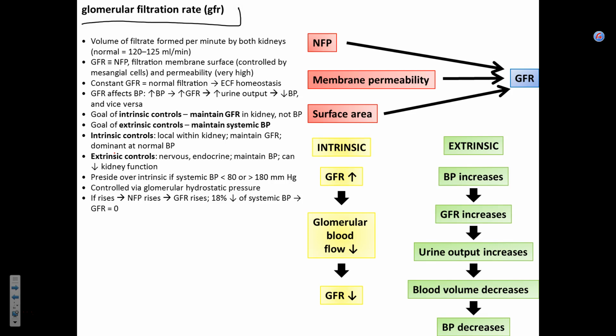GFR is the volume of filtrate that is formed in the kidneys in 1 minute. So every minute of your life, your kidneys form from 120 to 125 milliliters of filtrate. Does that make sense?